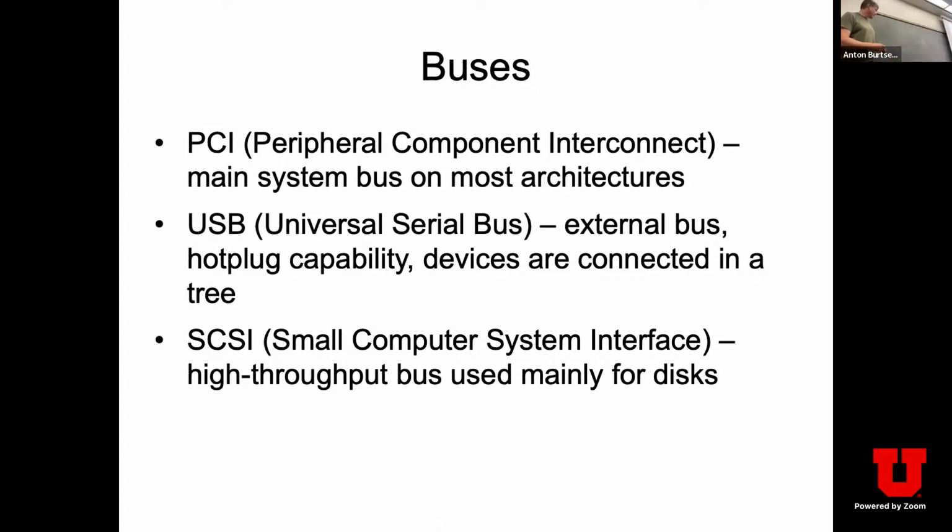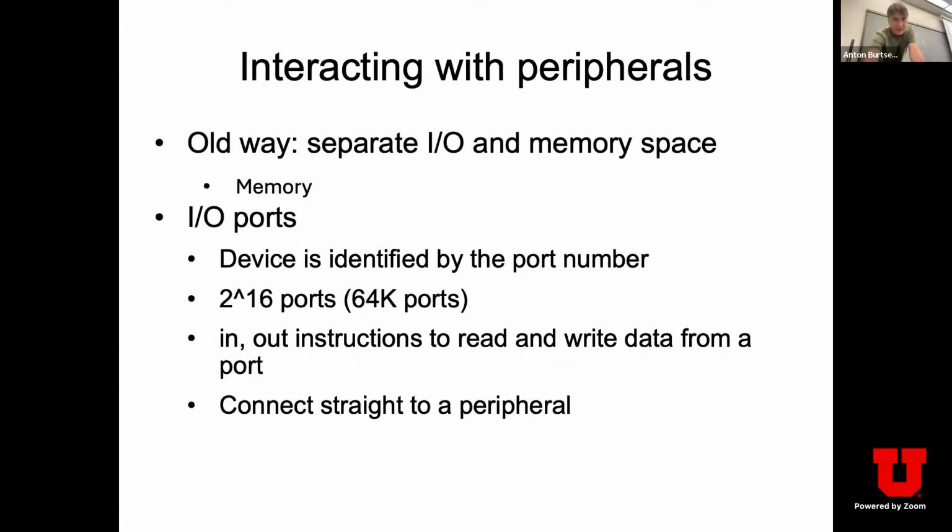Okay, so what they decided to do was that newer buses like PCI allow you to enumerate all the addresses dynamically when the system boots. The second major idea is that the majority of the I/O is not going through the explicit port space, but instead uses memory mapped I/O, meaning that the CPU and the hardware negotiate for an address anywhere in the address space that can be decided flexibly.